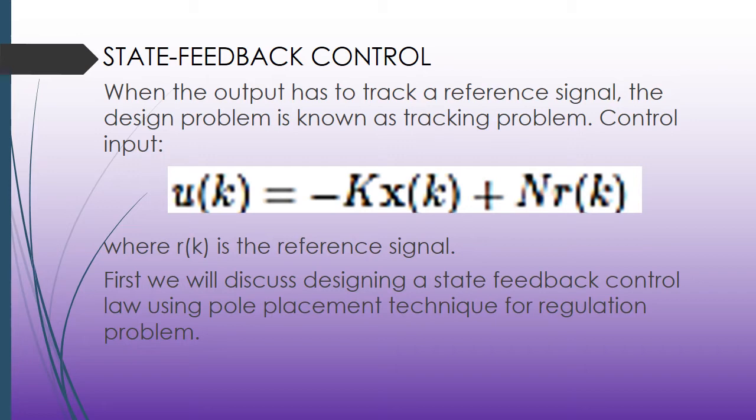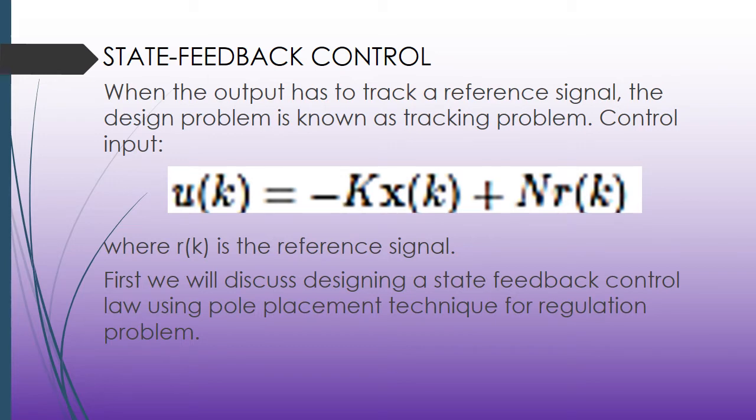When the output has to track a reference signal, the design problem is known as a tracking problem. So the control input, u of k equals negative Kx of k plus Nr of k, where r of k is the reference signal.